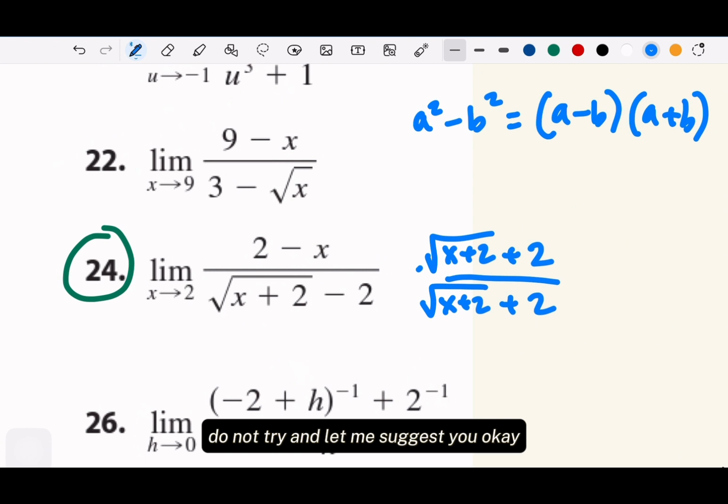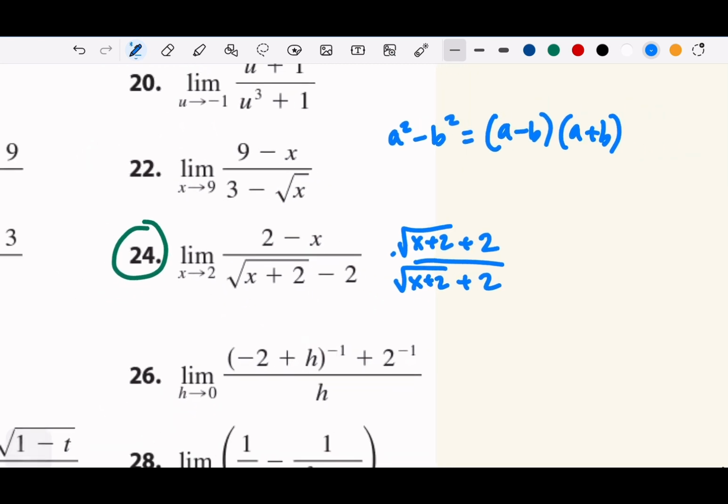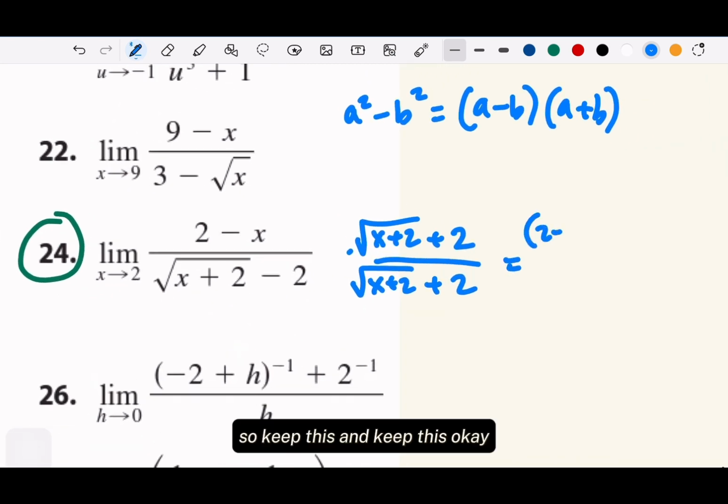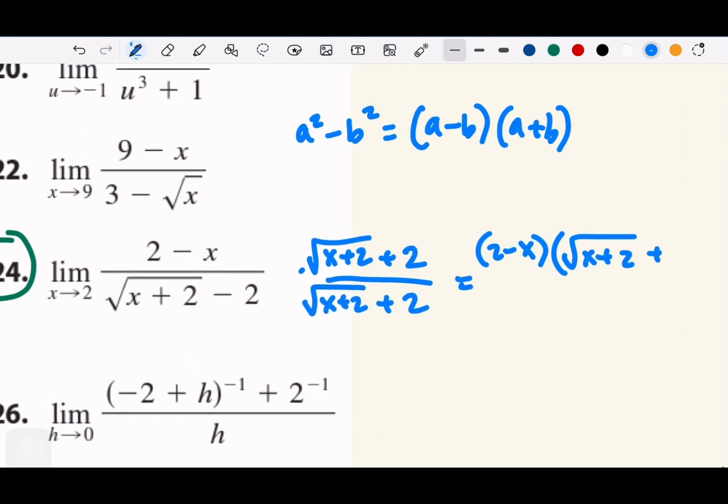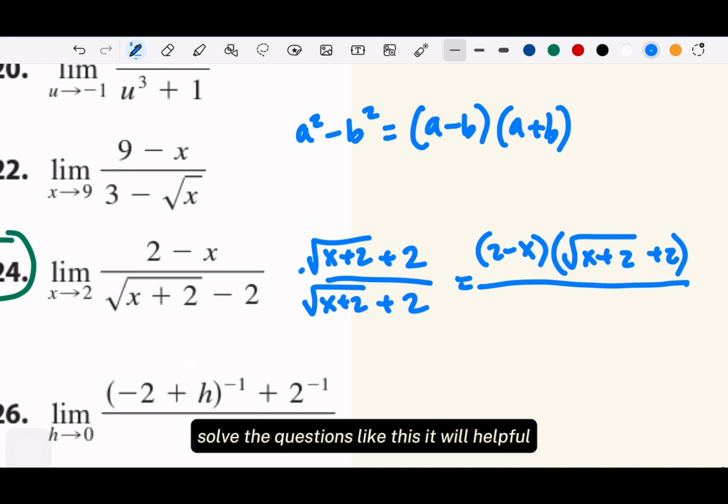Let me suggest: some students will multiply this out, and then multiply by 2, and then multiply this, a waste of time. Do not multiply like that. Just keep the components as they are. Solve the questions like this, it will be helpful. The bottom side is x plus 2 and negative 4.